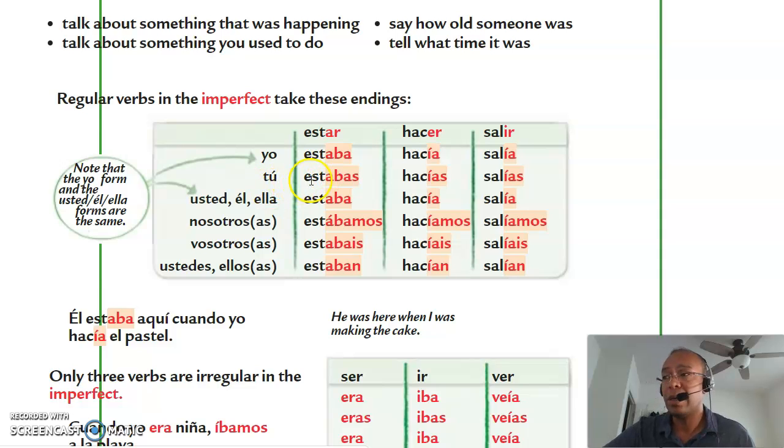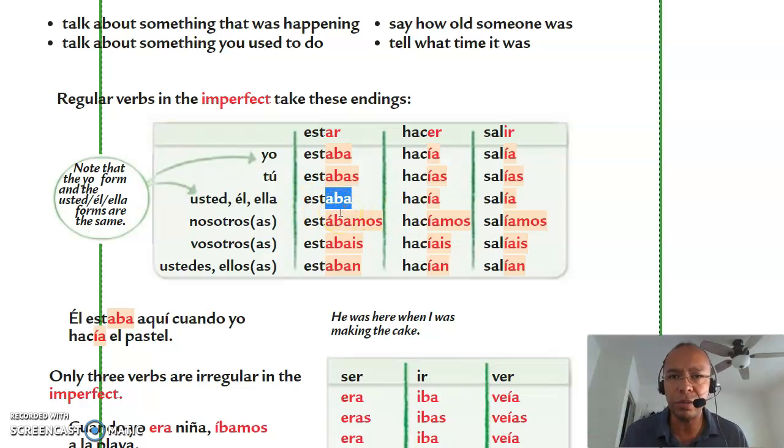Tú estabas. Notice that there is an S, including in the tú. There will always be an S. Tú estabas. You used to be. Usted, él, and ella have the same ending as yo. Notice that right here. Él, ella, usted and yo have the same ending. Aba. So, él estaba, ella estaba, usted estaba.